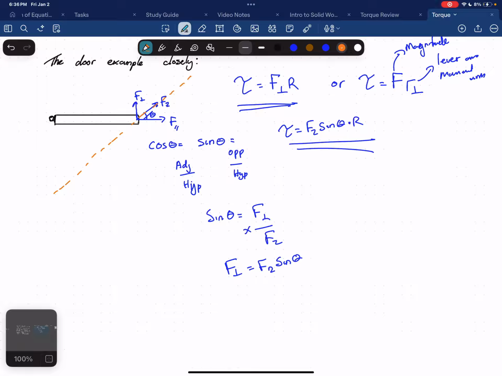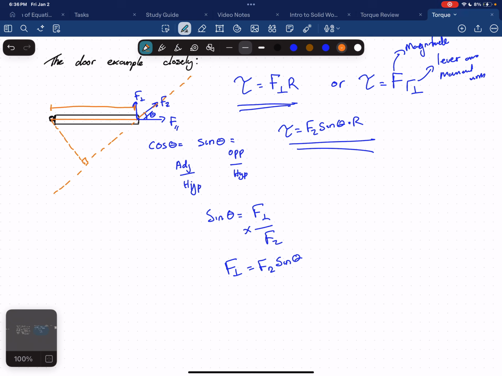Then I connect my pivot to the line of action, and that forms a 90-degree angle. And I have another right angle triangle, right? And through geometry, here I have a foot triangle because my R is still existent here.